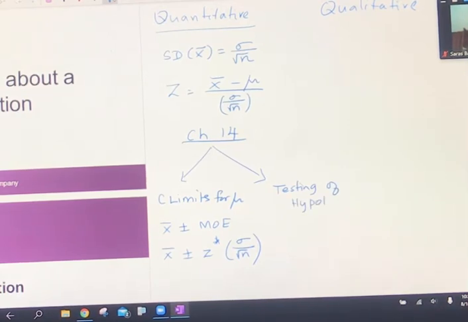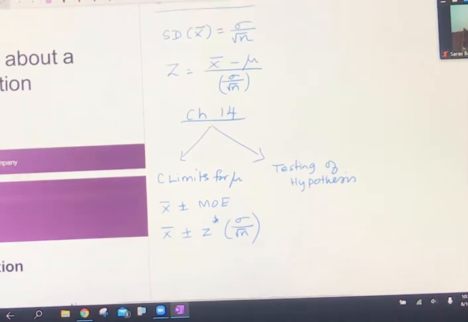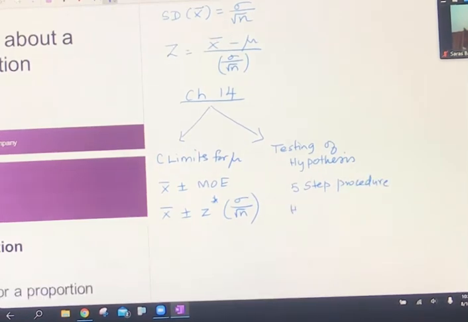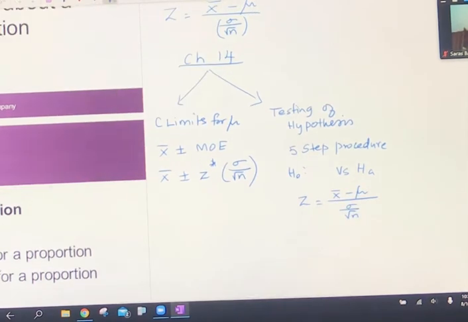Here we have seen the recipe, or you can say the 5-step procedure. The 5-step procedure starts with null versus alternative. Then we introduce the z-score. And then we have also seen how to get the p-value.